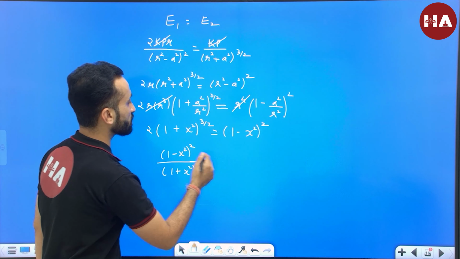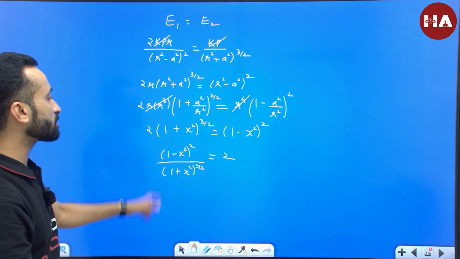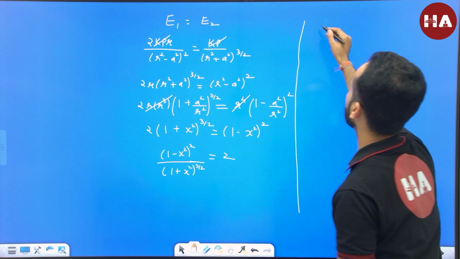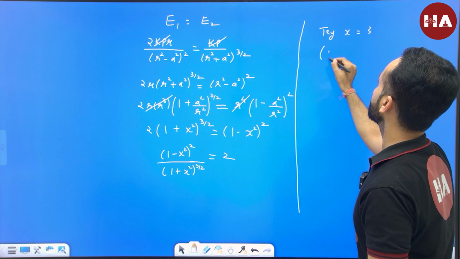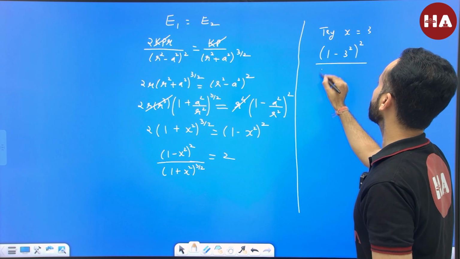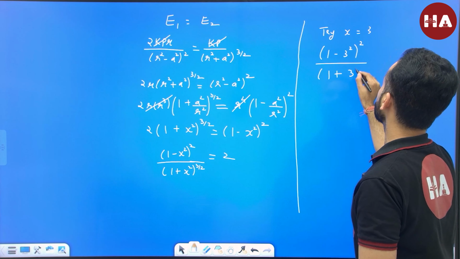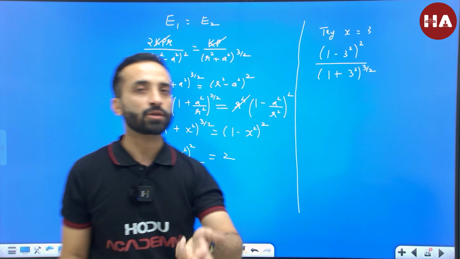So this ratio has to be equal to 2, right? So let's try the value of x as 3. So what does this become, students? (1 minus 3 square) whole square, and this becomes (1 plus 3 square) raised to the power 3 by 2. Let's see if this value turns out to be close to 2.